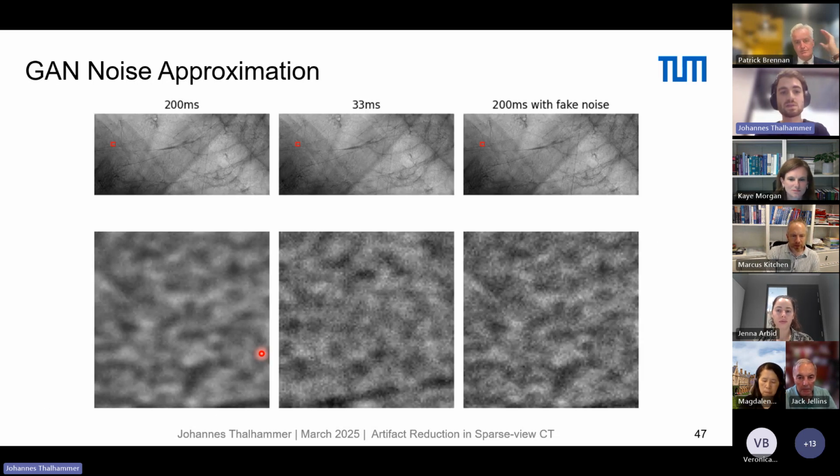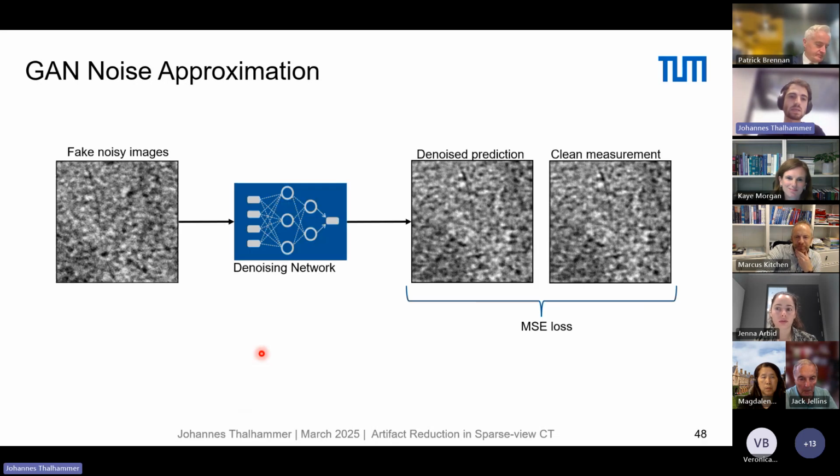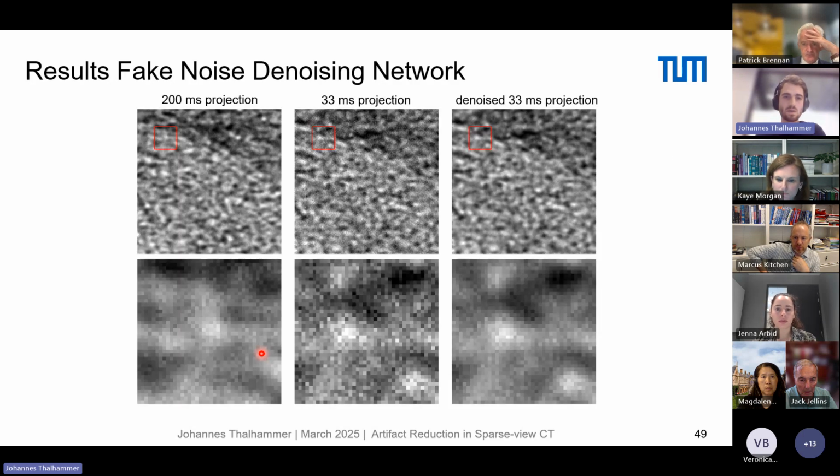So we did that. And here on the left, we have the clean measurement with 200 milliseconds. In the middle, the actual noisy measurement with 33 millisecond exposure time. And on the right, we have the 200 millisecond scan with fake noise added to it. And with these fake noisy images, we trained our denoising network and applied that denoising network to our low exposure measurements, which you can see here.